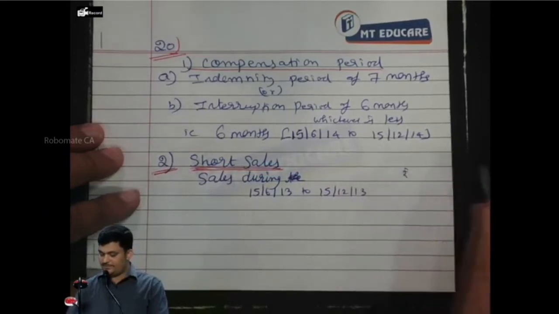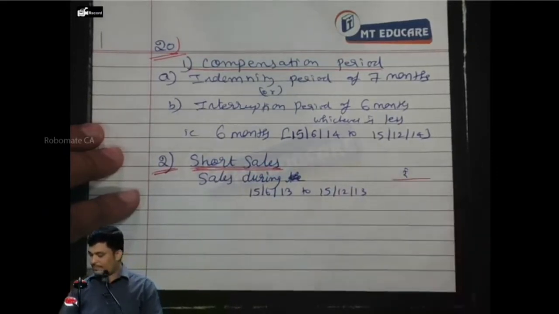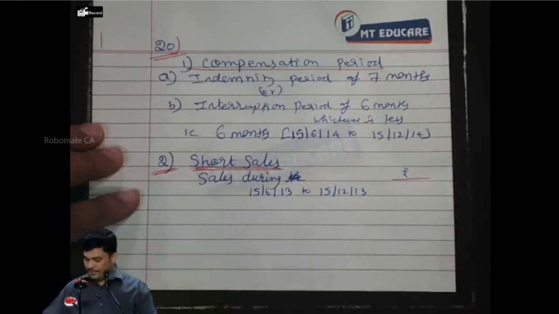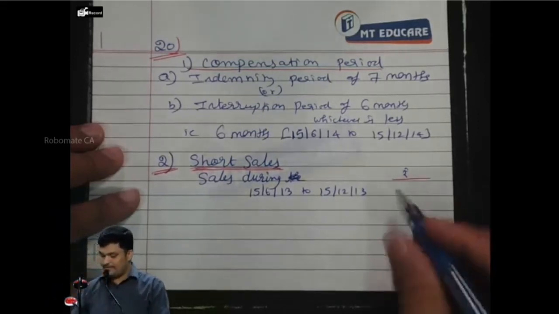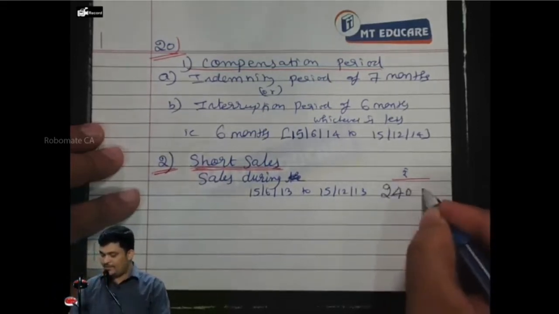How much is that? Corresponding compensation period of previous year 2,40,000.